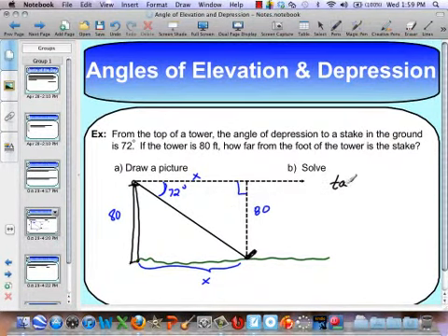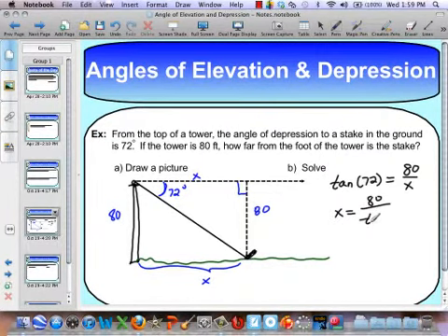So the tangent of 72 is equal to what? 80 over x. And you guys remember what we learned yesterday? When the x is on the bottom, what do you do? You flip it. So we get x is 80 over tangent of 72. And that's where you go to your calculator, whether you have the scientific calculator or graphing calculator, doesn't matter.